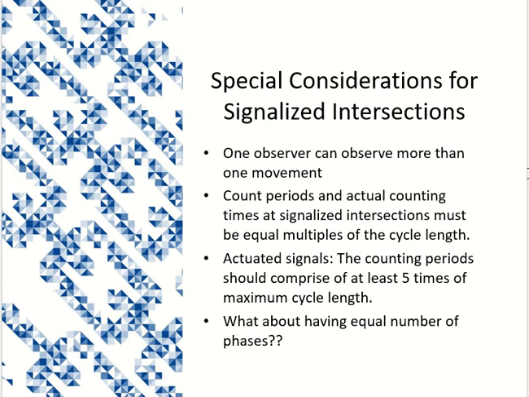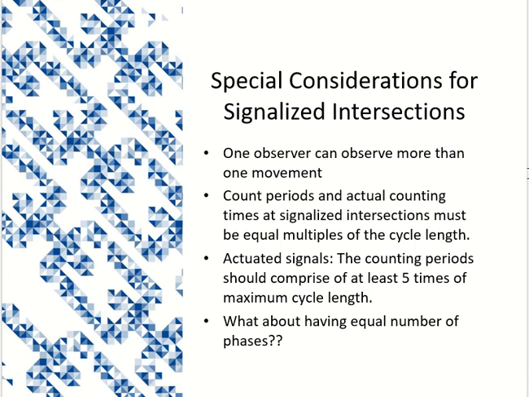Left turning and straight happen in different signal phases, so even if both have heavy movement, one person can do it because they happen alternately. Second thing is how much time you will give the observer for counting and how much time for break.